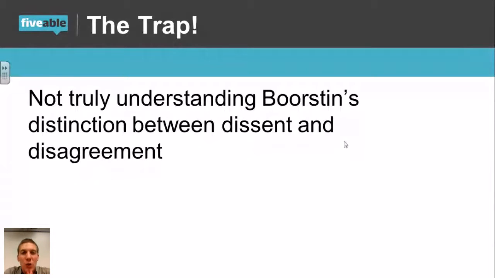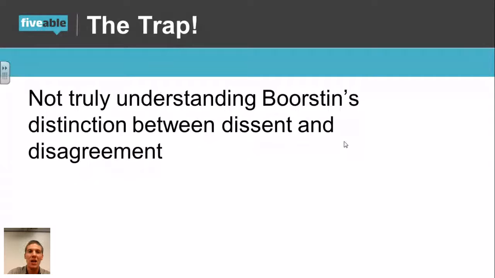A lot of students who don't feel comfortable with Boorstin's 3 paragraphs just choose to talk about dissent and disagreement and actually talk about them as one and the same. But the whole point of his excerpt that I did not copy and paste is that dissent is different than disagreement. In fact, they're polar opposites, even though in terms of denotation, they're very similar in definition.